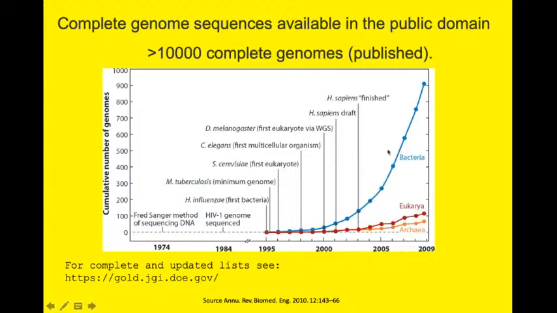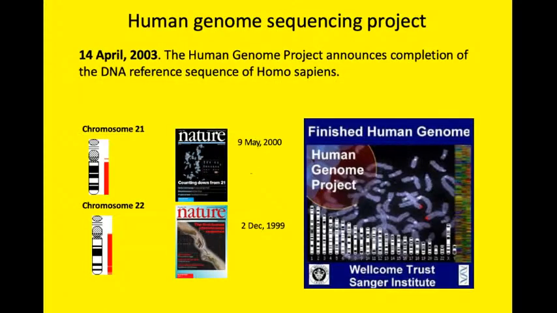Related to that, the cumulative number of genomes studied is shown; this is for the eukaryota and this is for the archaebacteria. So this is how bacteria have the highest number of genomes at the moment in our bioinformatics data. On 14th April 2003, the human genome was complete. You can see in the 9th May 2000 Nature paper, chromosome 21 was discovered, and then chromosome 22 in Nature was discovered like that.